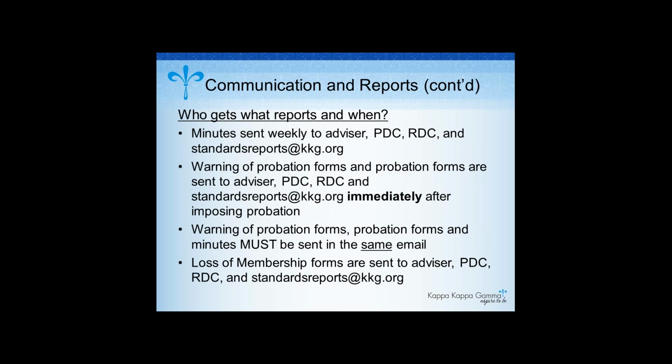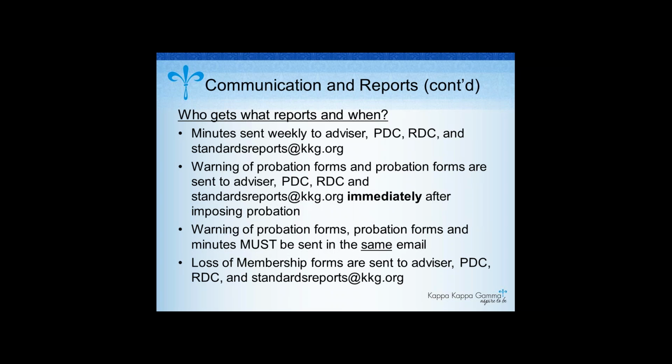We've had advisors ask for a cheat sheet in the past of who gets what forms, but the nice thing is all forms have recipients listed on the actual documents. So you don't necessarily need a cheat sheet. All you need to do is look at the actual document itself, and it'll tell you who needs to get it. As far as the standards reports at kkg.org, those get uploaded, and as specialists, we can go ahead and see that.